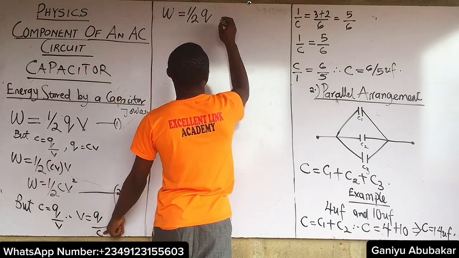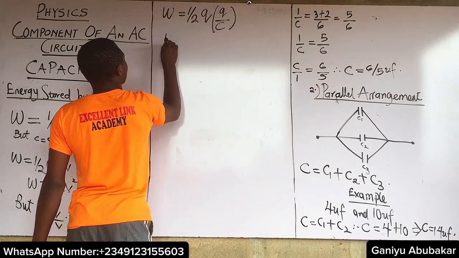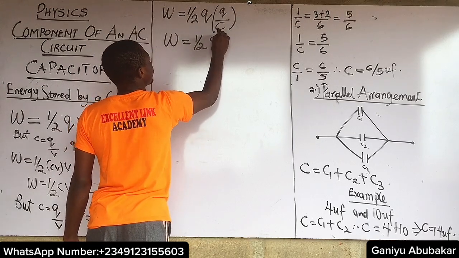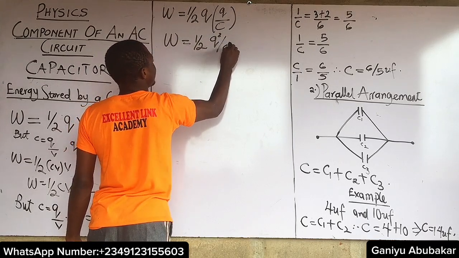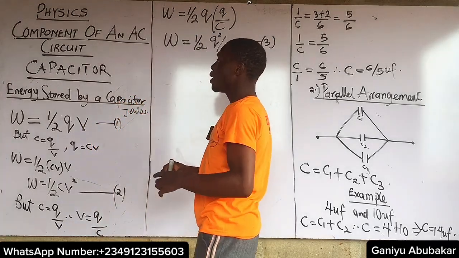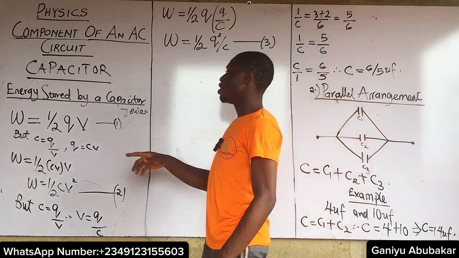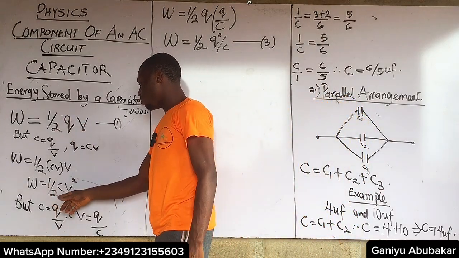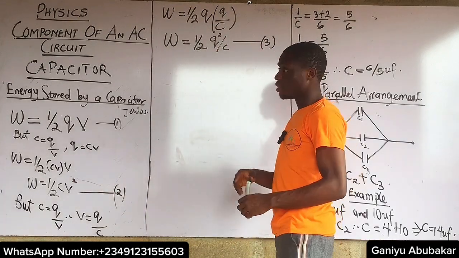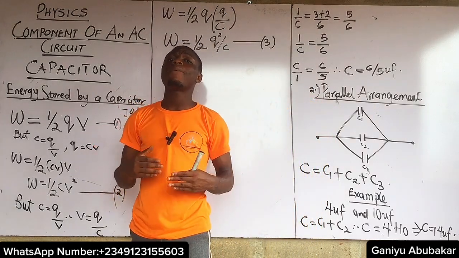V is Q over C. That's into Q all over C. From here, I'll have that work done by a capacitor is equal to half Q times Q, which is Q squared, all over C. So this becomes another mathematical expression for calculating the work done by a capacitor, ranging from half QV or half CV squared or half Q squared over C. So I have these as the expressions for calculating work done by a capacitor.